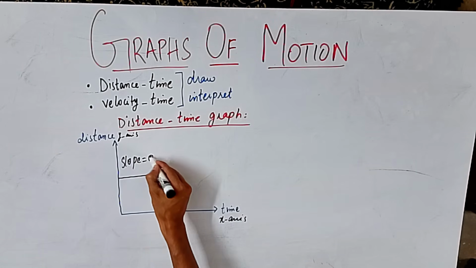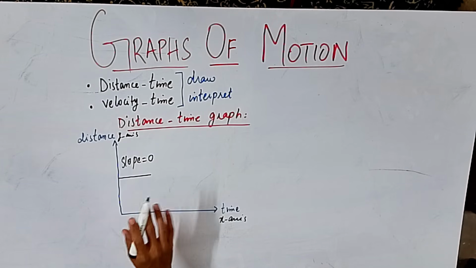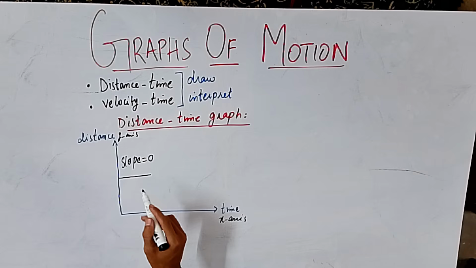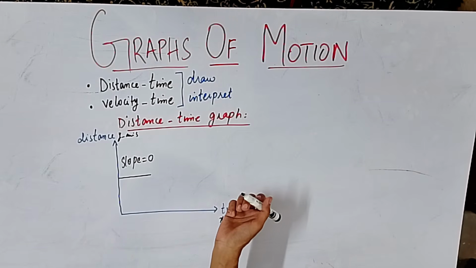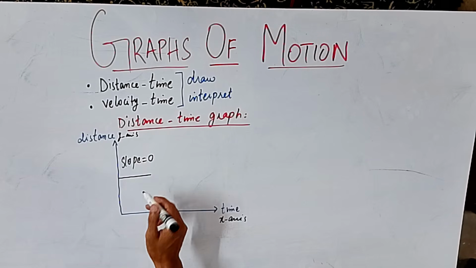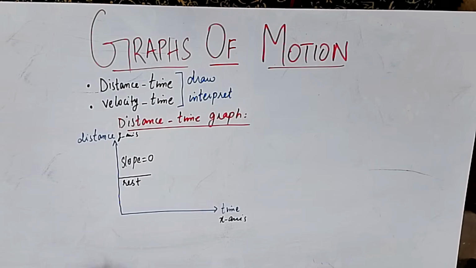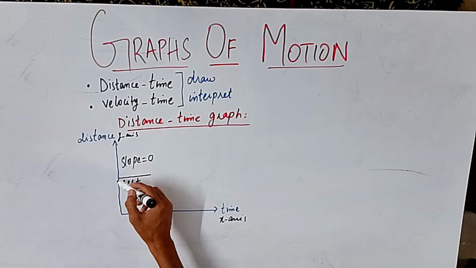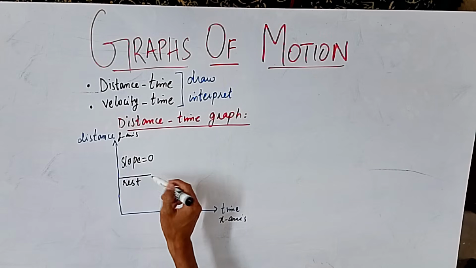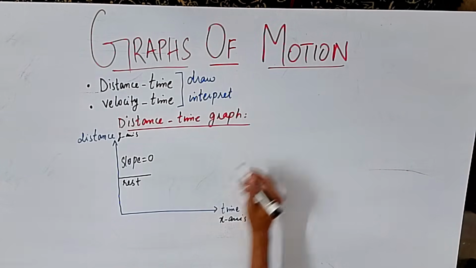You must know all the vocabulary. Not only the word horizontal line will be beneficial for you, you must know this word as well, slope or gradient. Whenever on a distance time graph your slope is 0, meaning your line is horizontal, it indicates that your object is at rest. Why is that so? Because your value of distance is not changing, you are not covering any distance. Whenever you don't cover any distance, the object or body is at rest.